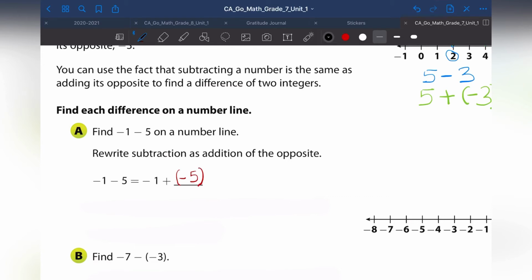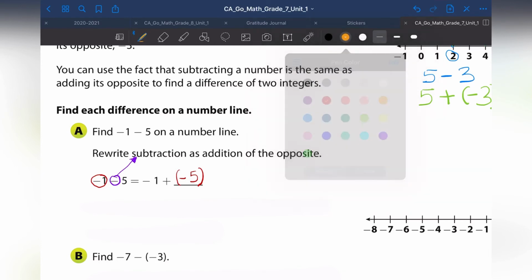I just want to bring to your attention that here, it's what's telling us to subtract. This right here is telling us that the 1 is negative, and for positive numbers, we usually don't write the positive sign in front of them unless it's necessary.